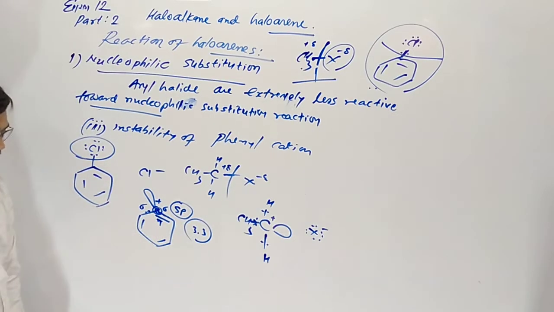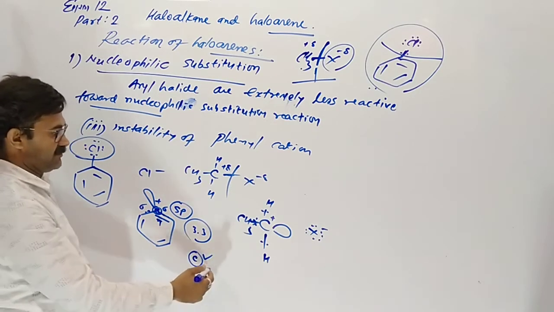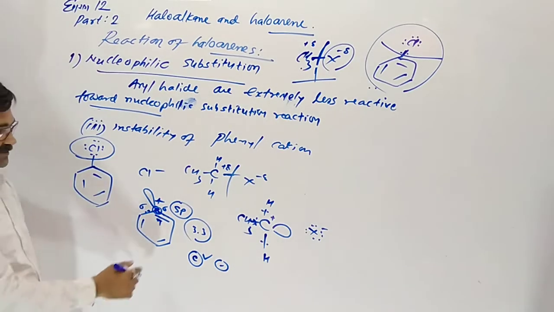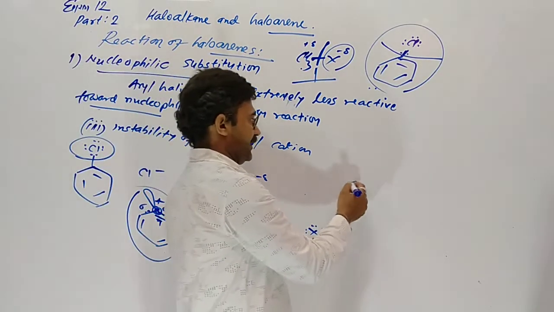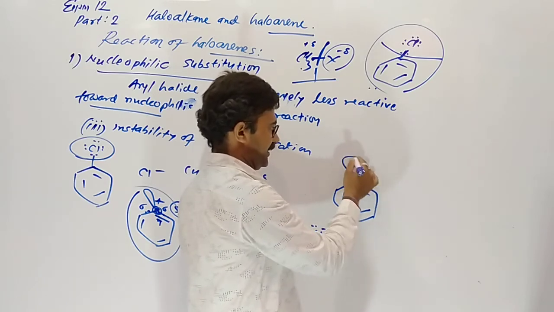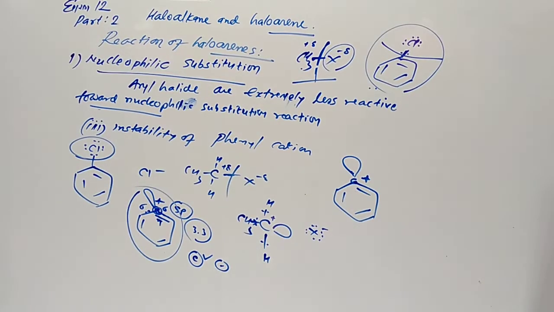And actually in resonance, more electronegative atoms should be negatively charged, here it is positive charged. So highly unstable. Phenyl cation, after removal of halogen, is highly unstable. So removal of halogen is too difficult.